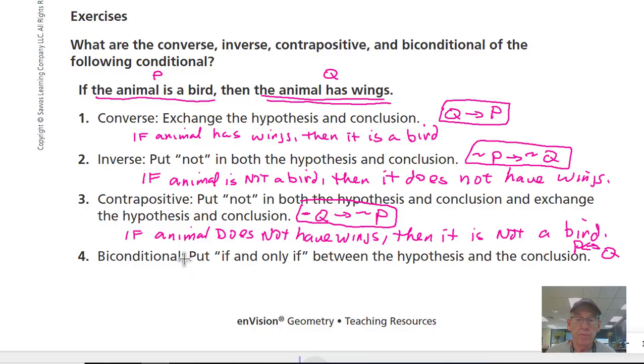Now the biconditional, basically you need to write it with if and only if in between. So an animal is a bird if and only if it has wings. And if with two F's really means if and only if.